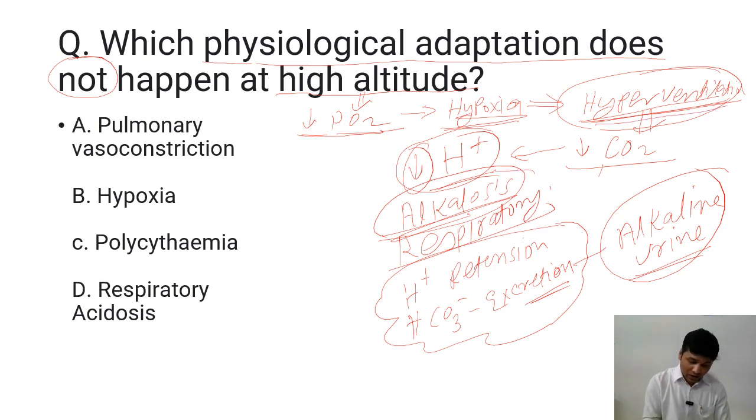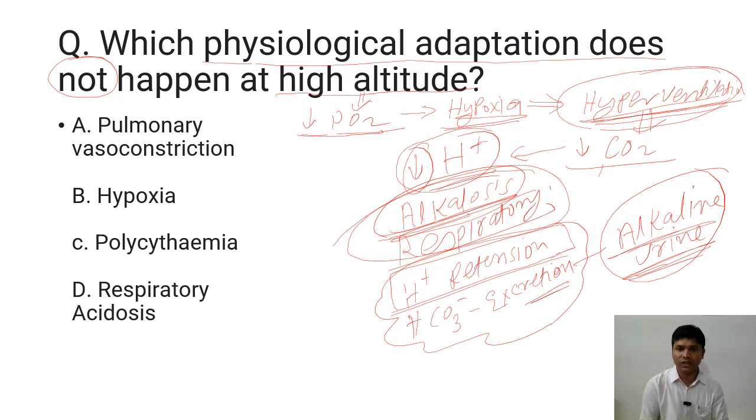Alkalosis will develop in the blood, that is respiratory alkalosis because of hyperventilation, and the urine will be alkaline. Because of that, the kidney will work to retain hydrogen ion, which is the compensatory mechanism that neutralizes the alkalosis.